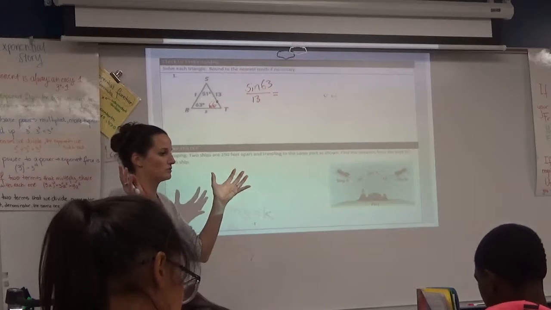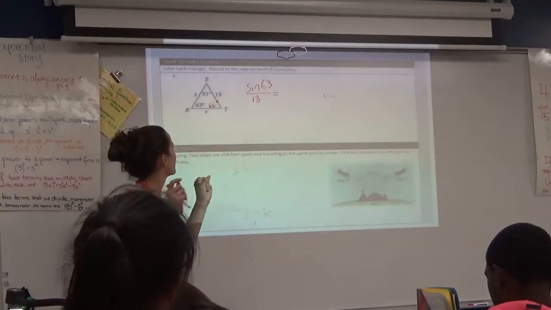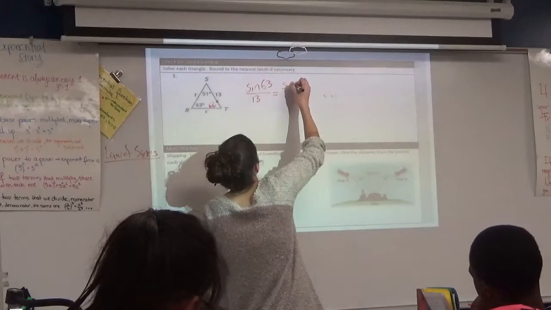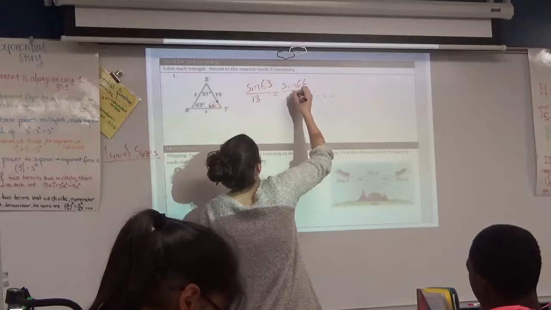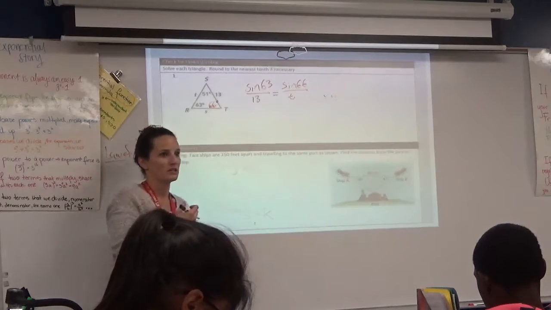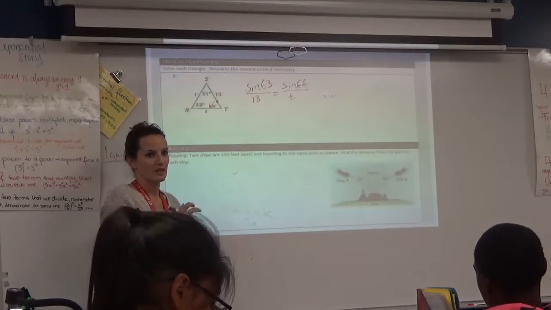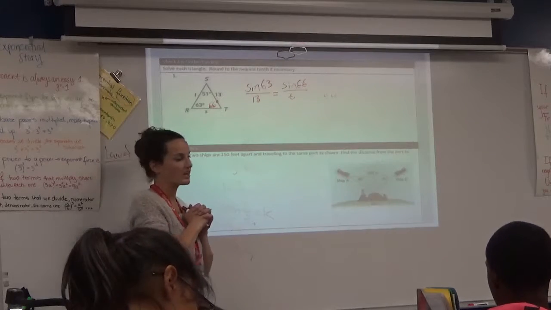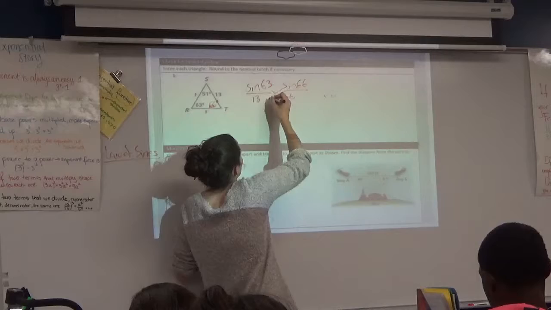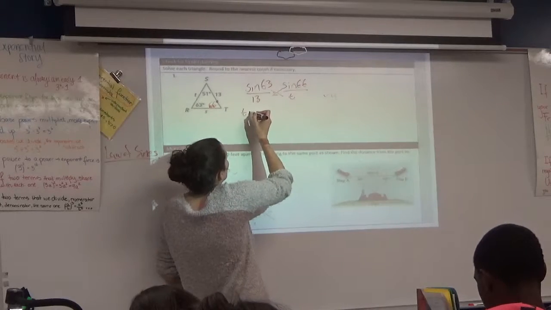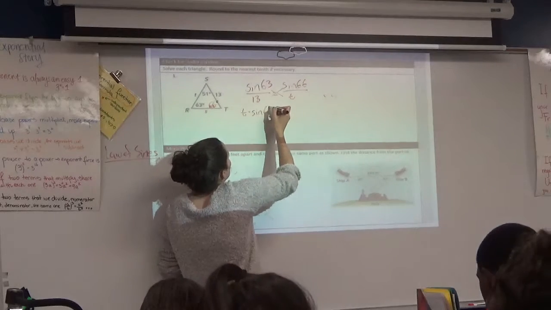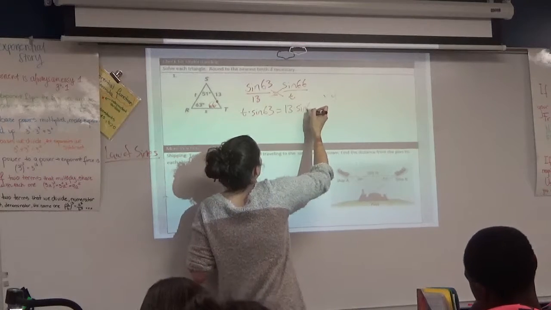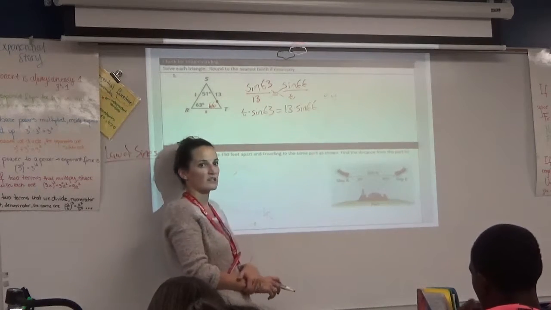Which one do y'all want to do? T. I heard someone say T. If I want to find T, then I'm going to use sine of 66 over T. Then we can cross multiply and solve. If I cross multiply, we'll have T times sine of 63 equals 13 times sine of 66.